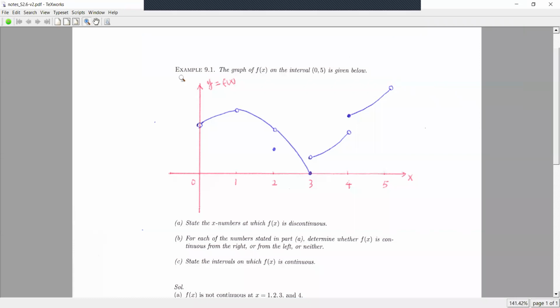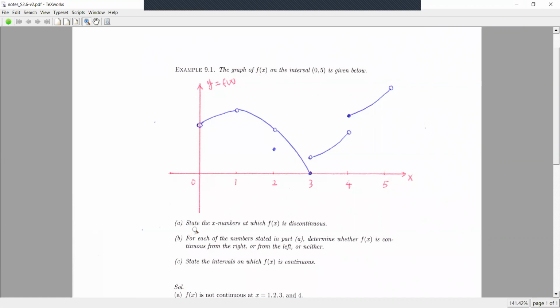More examples about continuity and discontinuity. Example 1, the graph of some function f is given below. In this diagram, we only plot the graph on the open interval 0 to 5. We only plot the graph between 0 and 5. Now, some questions.